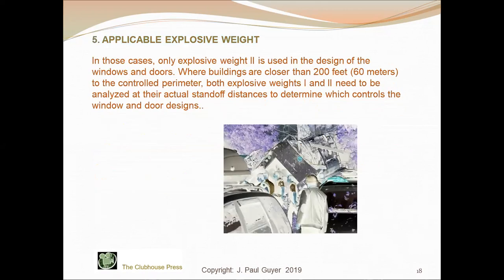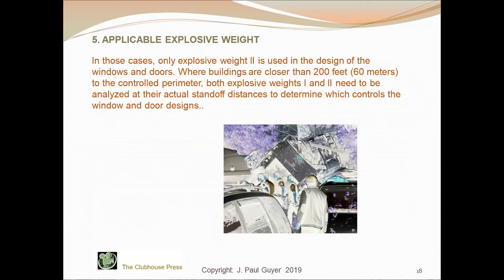Now, let's talk about the applicable explosive weights. In these cases, only explosive weight 2 is used in the design of windows and doors. And you'll see what that explosive weight 2 is shortly. Where buildings are closer than 200 feet to the controlled perimeter, both explosive weights 1 and 2 need to be analyzed at their actual standoff distances to determine which controls the window and door designs.